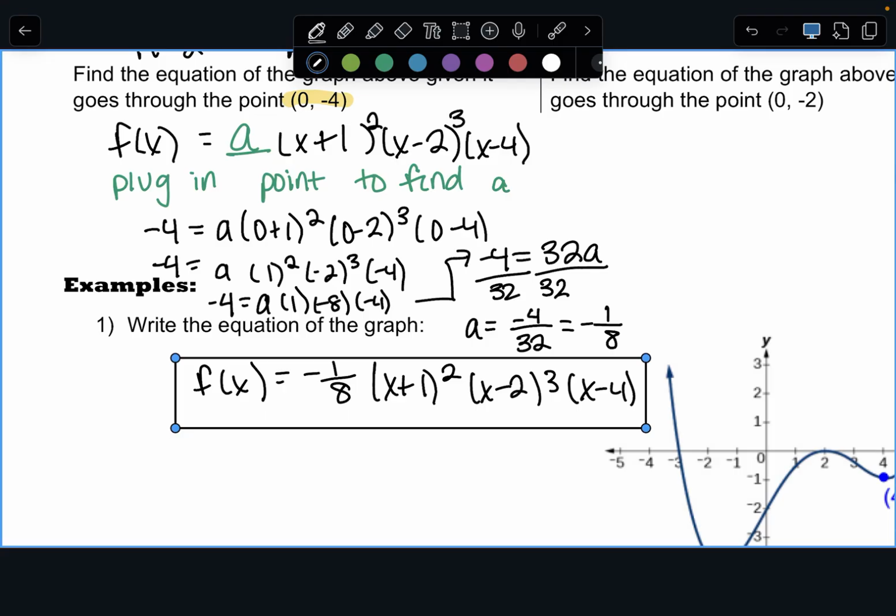And you can kind of just double check again, add up your degree, and we get an even degree, and our leading coefficient is negative, which matches our end behavior in our graph.